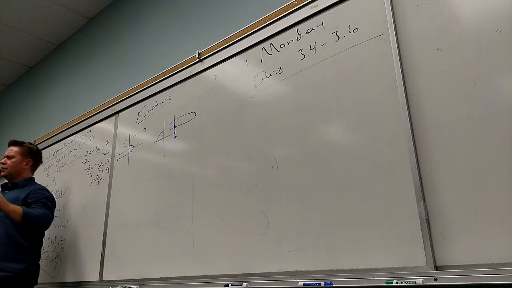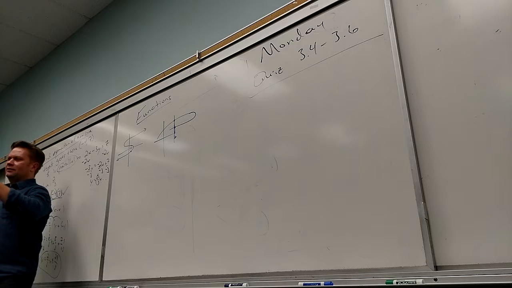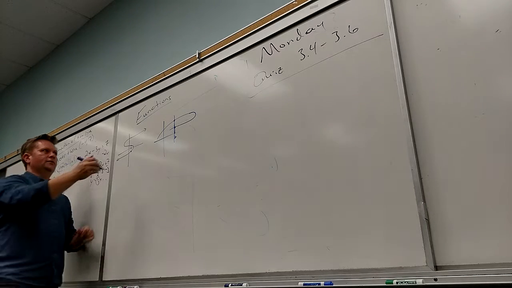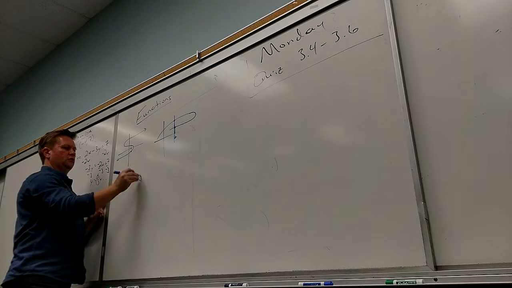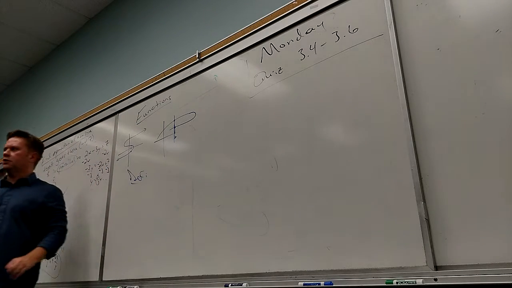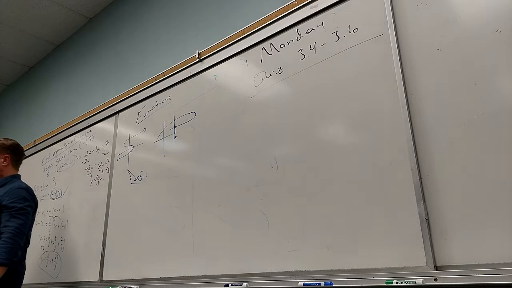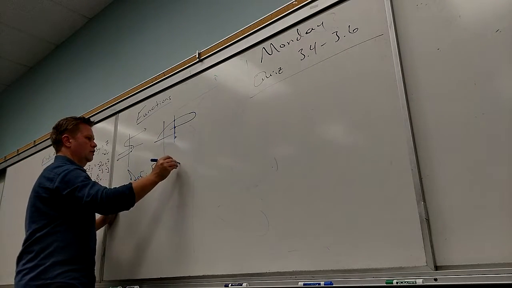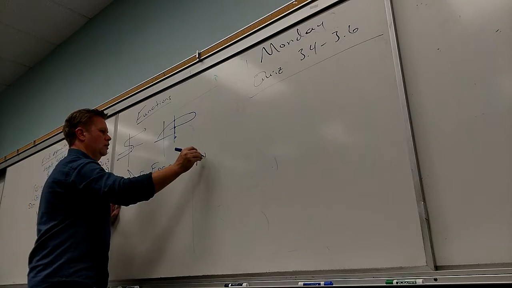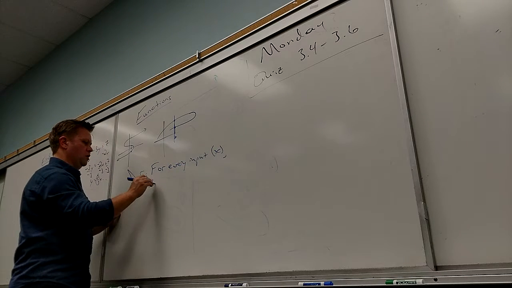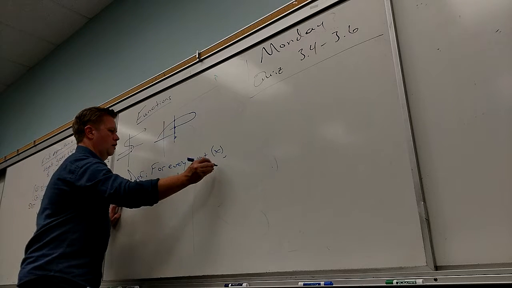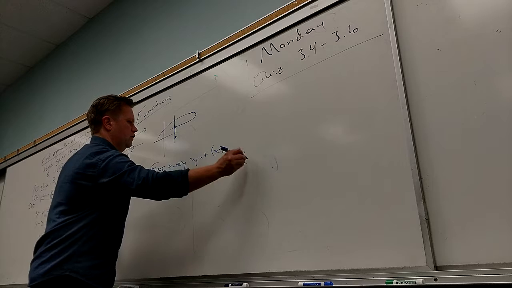Anybody ever watched Highlander? There can only be one. So the formal definition of a function is: for every input, which is normally x, there can be only one output, which very often is y.